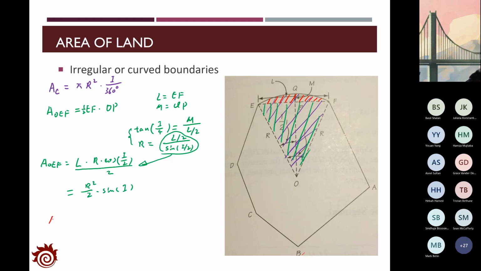I just say that EQF, the area covered by the curve, minus the area of the triangle OEF, would be R squared times pi times I divided by 360 degrees minus half of sine I. So this will give you the area in the red shaded region, and this is the accurate value of that area.